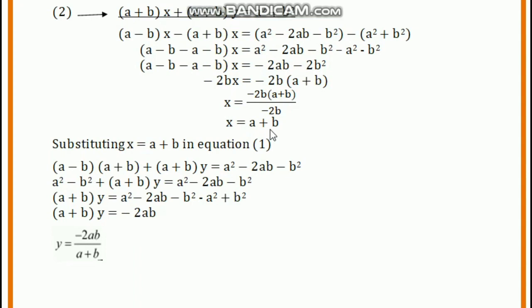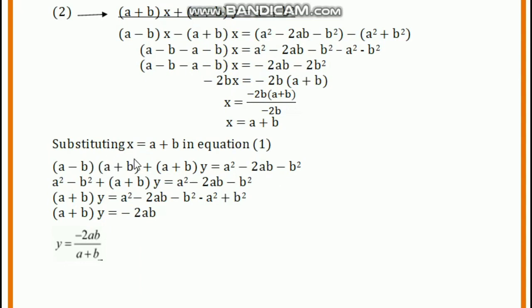Next we need to find out the value of y. So substitute x is equal to a plus b in equation 1. So we know that what is equation 1? (a minus b) into x plus (a plus b) into y equal to a square minus 2ab minus b square is equation 1.